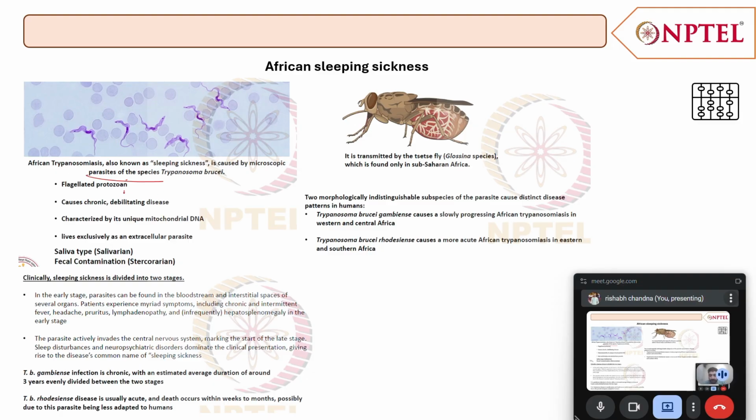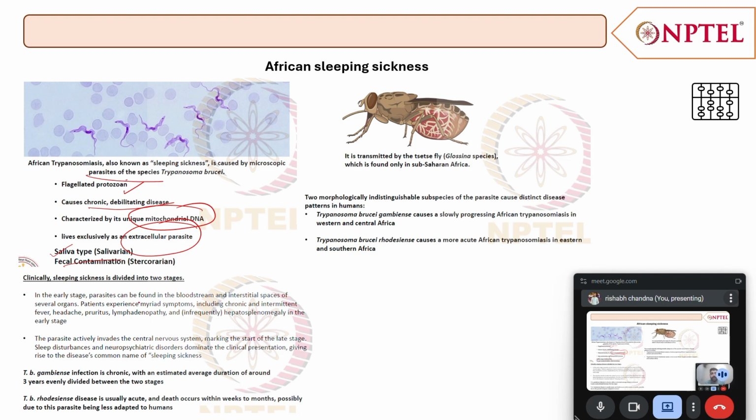These are flagellated protozoans that cause a chronic and debilitating disease, characterized by a unique mitochondrial DNA, and live exclusively as an extracellular parasite. There are two types: salivarian, transmitted through saliva, and stercorarian, caused by fecal contamination.